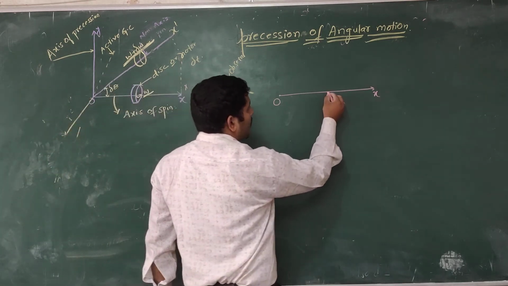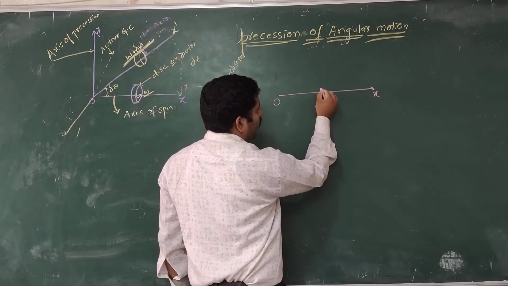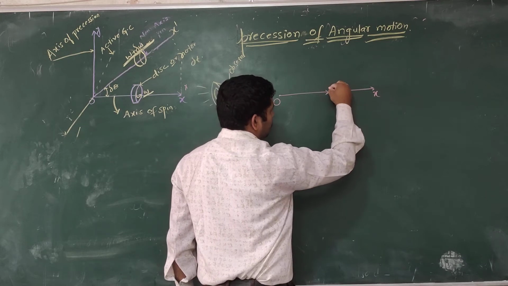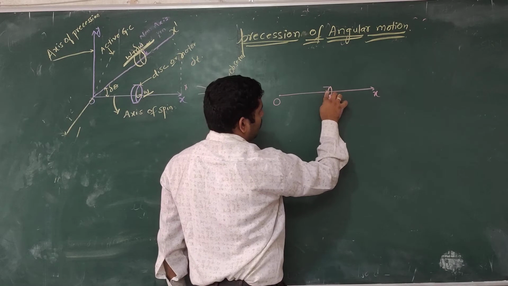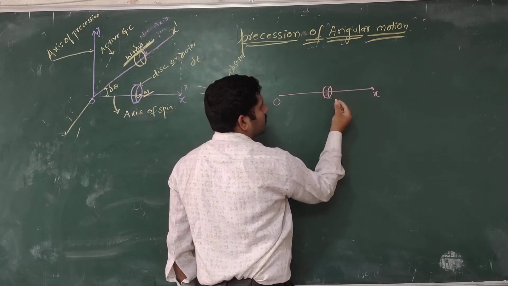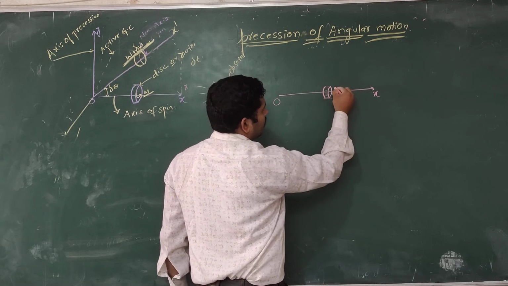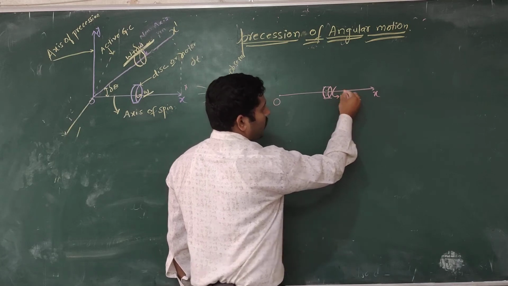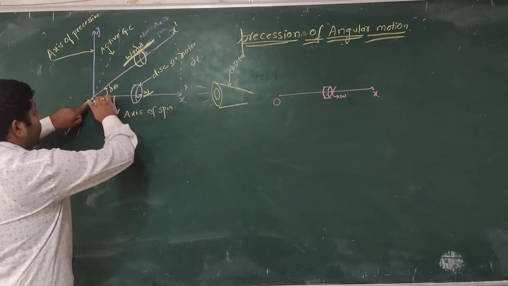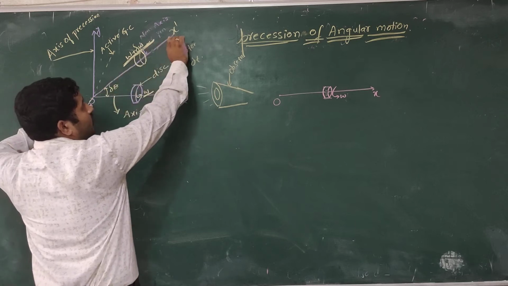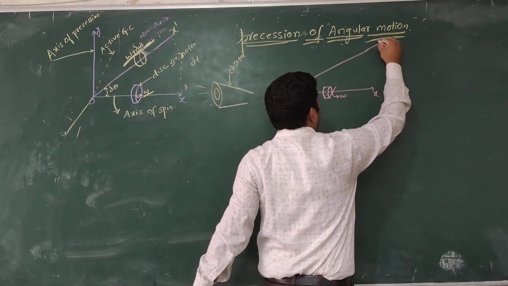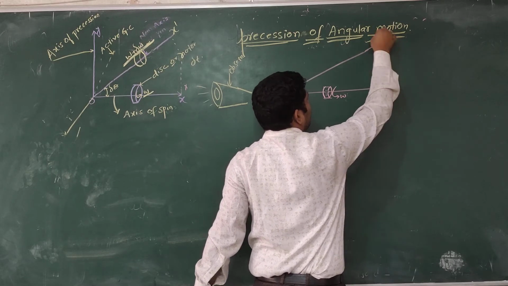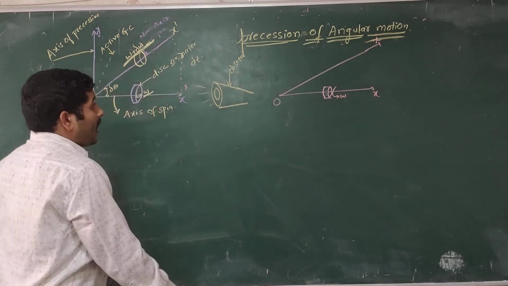The initial angular velocity of this disk is omega. Then there is the change to the new axis of spin, which we can say is x dash.